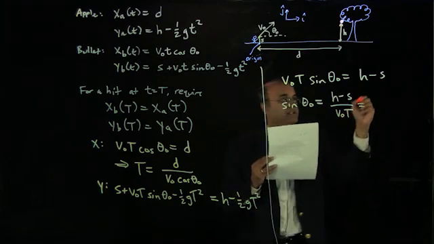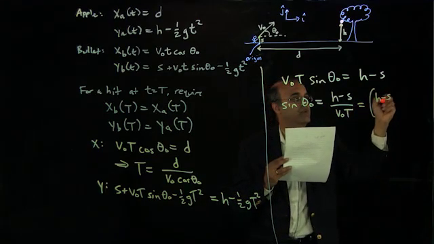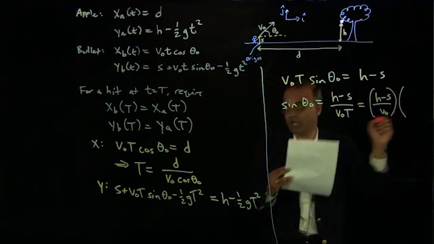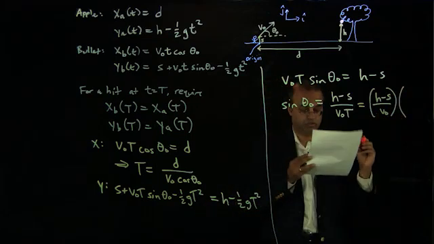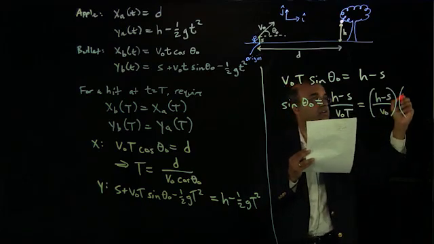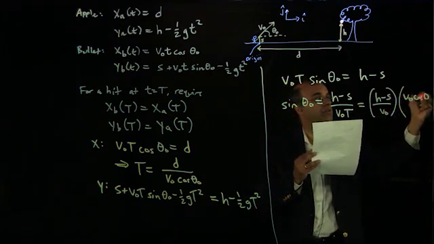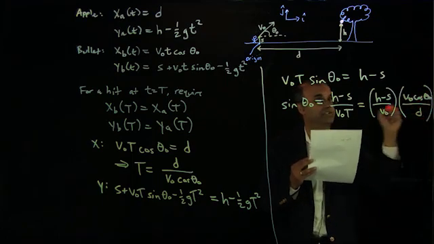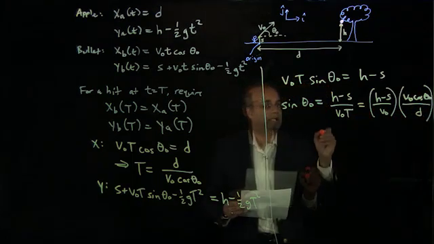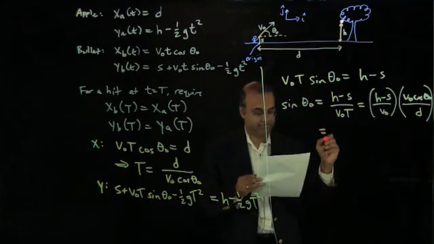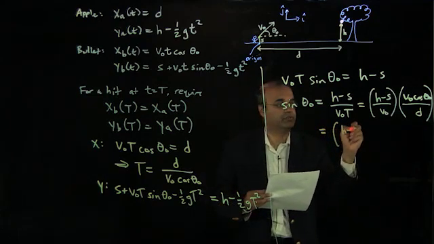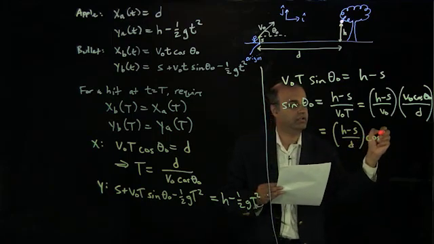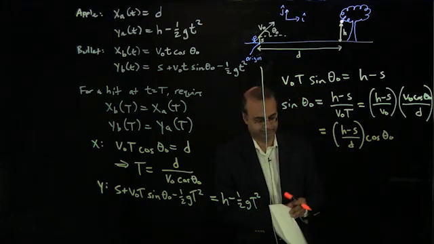So that gives me h minus s over v naught times 1 over t, which is v naught cosine theta naught over d. And so I can rewrite that as h minus s over d times the cosine of theta naught.